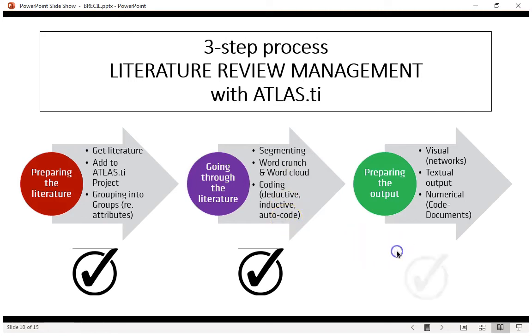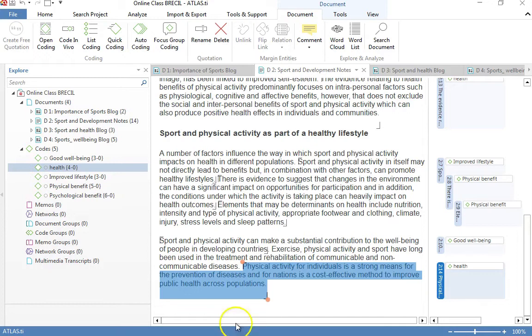Now comes the third stage, which is we want to prepare the output from ATLAS.ti. Now, outputs from ATLAS.ti can be generated within 3 formats. Okay, the first one would be visual output. We call it networks, textual output, or numerical output. Let me just demonstrate to you each and every one of them, beginning with visual output first.